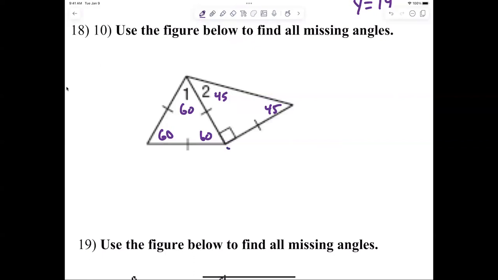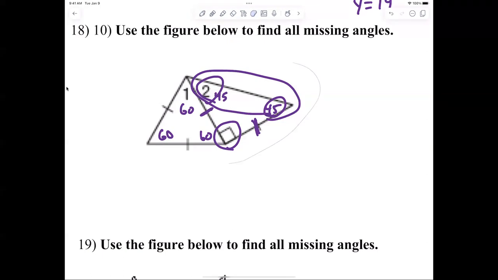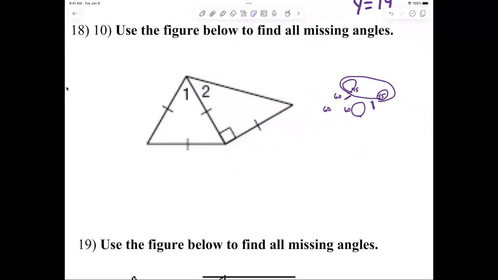Well, this angle is 90 degrees, correct? This is an isosceles triangle, which means these two angles have to be the same. The angles of a triangle add up to 180. 180 minus 90 is 90. These two angles must add up to 90. I don't understand how you figure out which one's the base on an isosceles triangle. It's just the longest side. The right angle.